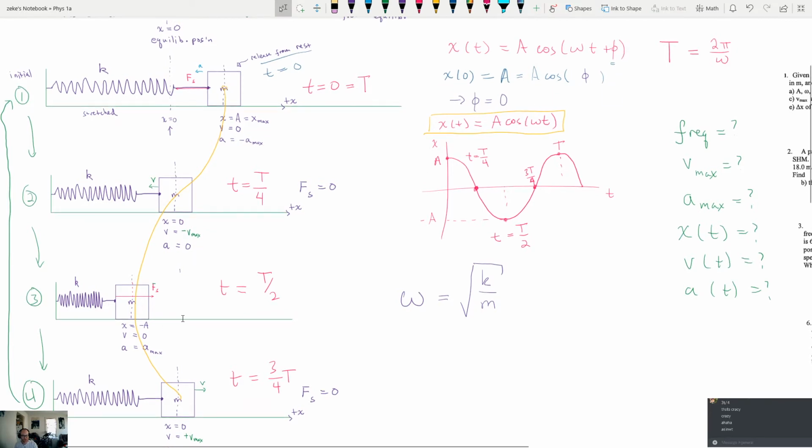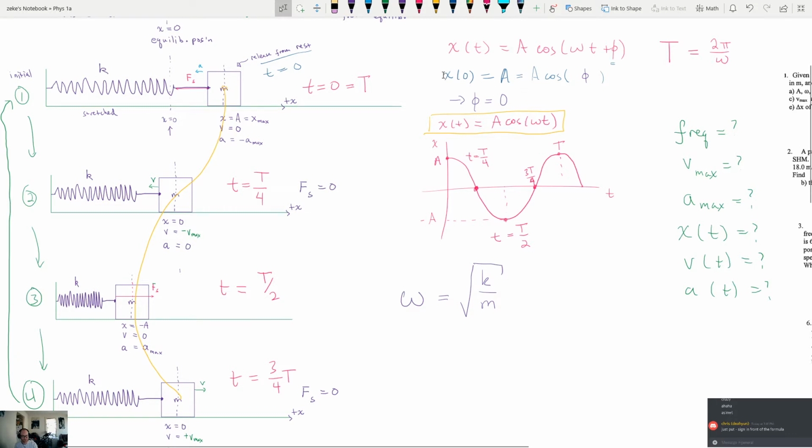What would the phase constant be if we started from this, if this was t equal to 0? Does the question make sense? Should I set it up as a new question? I figured you could probably imagine this in your mind.